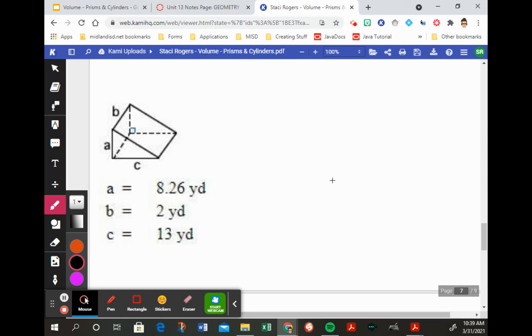This one we have a right triangular prism. In this case, I'm still going to draw my triangle. I'm going to circle it. There's my triangle. And I'm going to redraw it. And here's my right angle. Here's A, and here's C. What are the only letters dealing with my triangle?